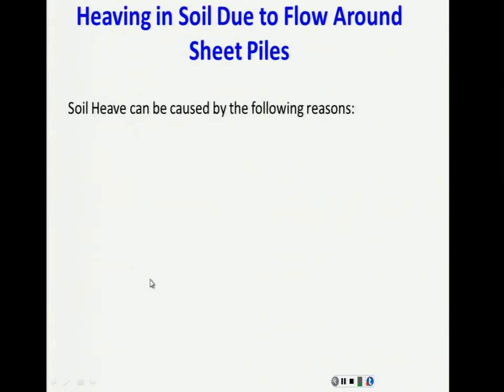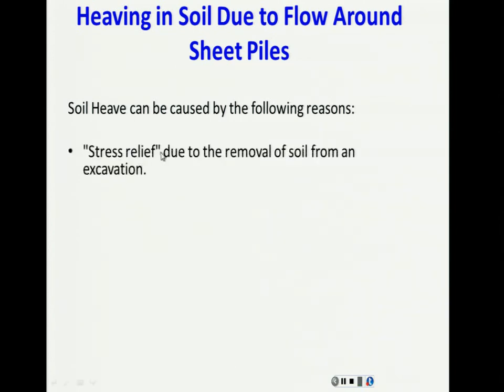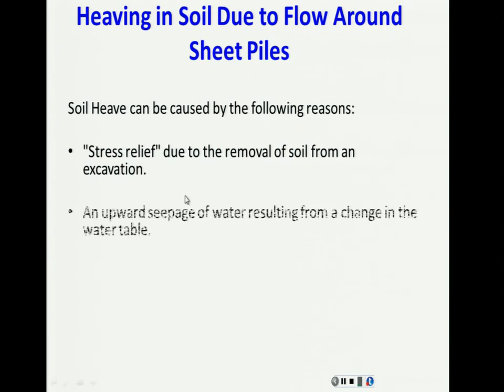Now we have a problem also when you have sheet piles. The soil heave actually can cause instability and collapse of those sheet piles. Soil heave can be caused for several reasons. Because you release soil and then you have a stress release and the soil heaves or expands in that part.